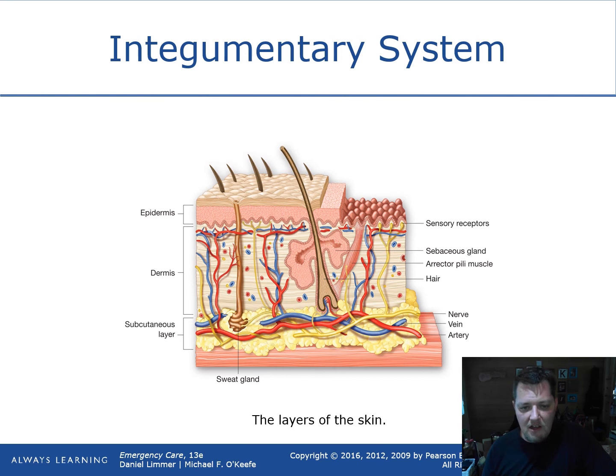Okay, so we've got our epidermis here, we've got our dermis here, the subcutaneous layer. Okay, so if you look, you've got all of these things. You've got your nerves here, you've got your arteries, which are the red, the veins, which are the blue. Okay, they're all intertwined. They all go in together. All right, and then you've got your sebaceous layer or your sweat glands right here.